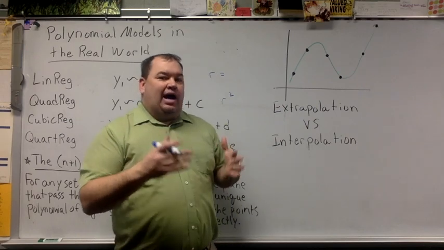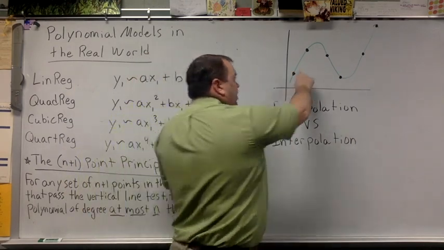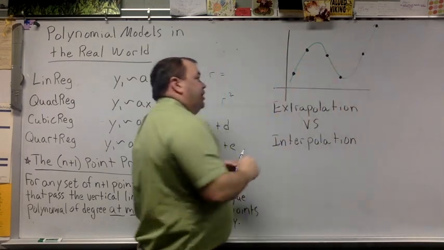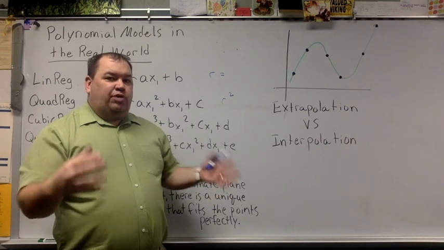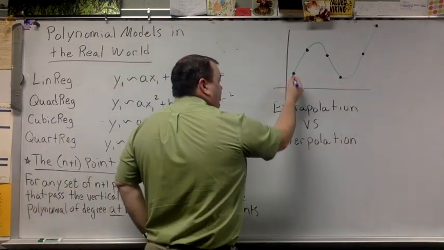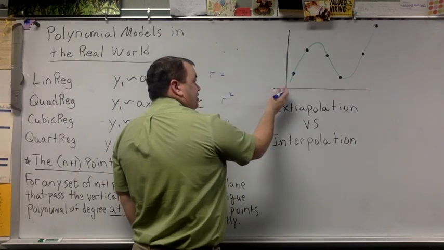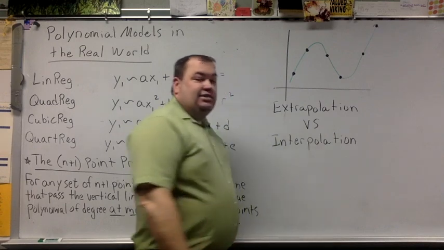That means we're going to go outside our data points. So I have an example up here. I had plenty of points, but it looked like a cubic fit the best. And now that I have that cubic, extrapolating would be looking beyond what I have here. So maybe points to the left of 0, or some points to the right of that last data point.